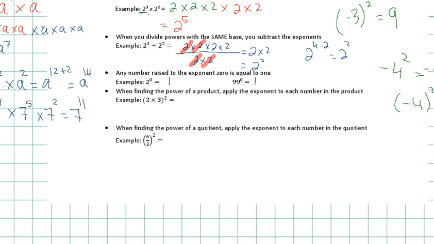Let's try this. 5 to the power of 3 over 5 to the power of 3. Do the regular thing for me. If I'm dividing with the same base, what do I do with the exponent? Subtract, right? So that's 3 minus 3, which is 5 to the power of 0. Good. Leave that on the side.